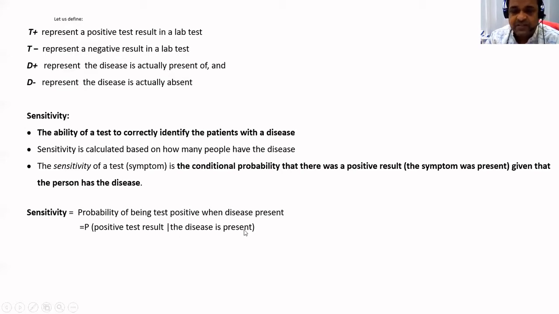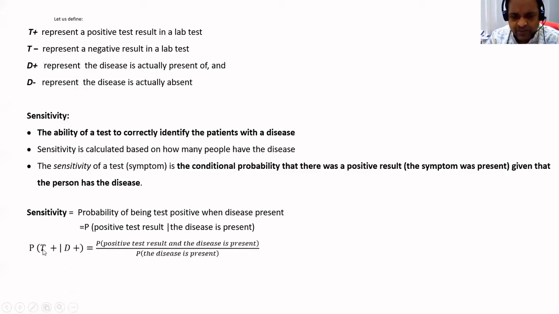Now, in terms of notation, let us define it. Sensitivity is the positive test result given the patient actually has the disease. That is, somebody actually has the disease and gets a positive result. What is the probability? This is the sensitivity.